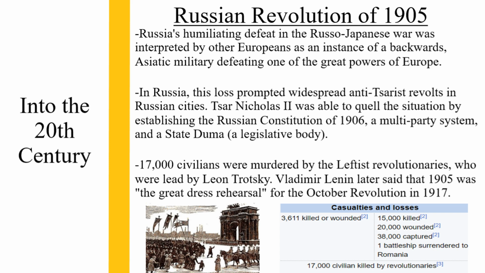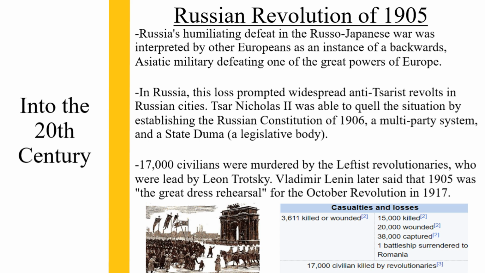During the revolution itself, 17,000 civilians were murdered by leftist revolutionaries who were led by Leon Trotsky. And Vladimir Lenin would later say that 1905 was the great dress rehearsal, in his own words, for the October Revolution in 1917. So if we look, we see a picture on the left and the casualties and losses on the right.